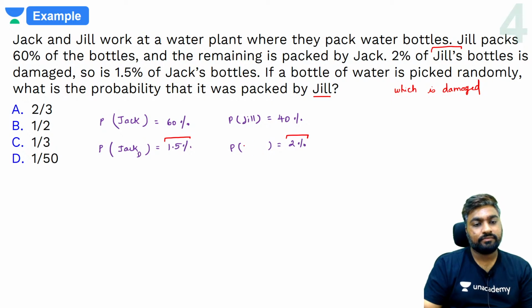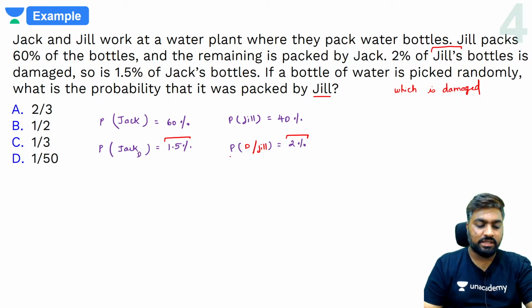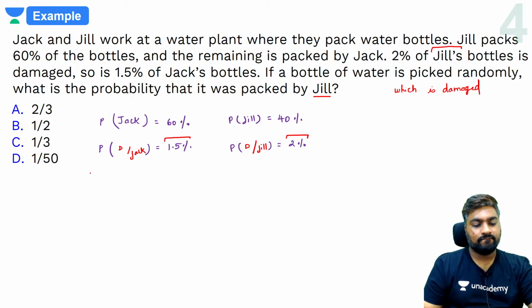Damaged when filled by Jill. Correct? That means already filled by Jill but damaged. Same way, what will this be? Filled by Jack and found to be damaged, 1.5%. Okay, yes, no guys?